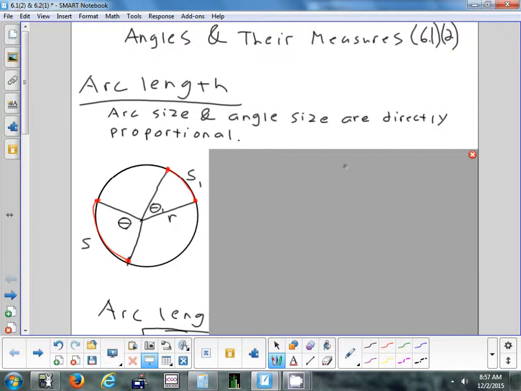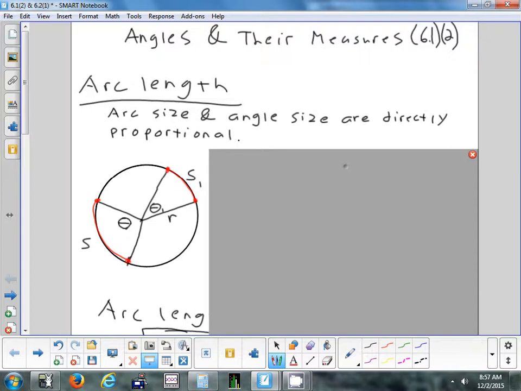Does anybody remember when I drew the diagram of a radian? Suppose this angle was 1 radian. The size of this arc would be the same as something else in the circle. Does anybody remember that? Only if this angle is 1 radian, the size of this arc would match the radius. Yeah, it would match the radius.